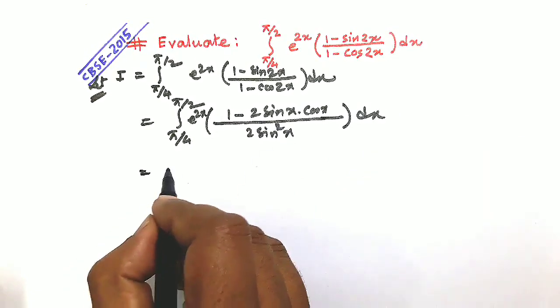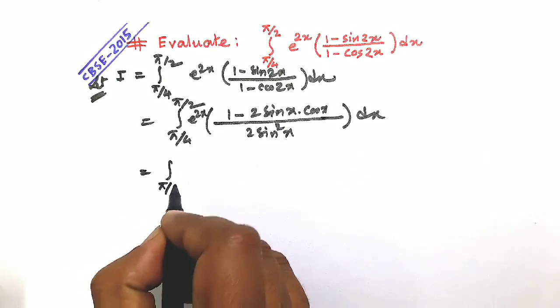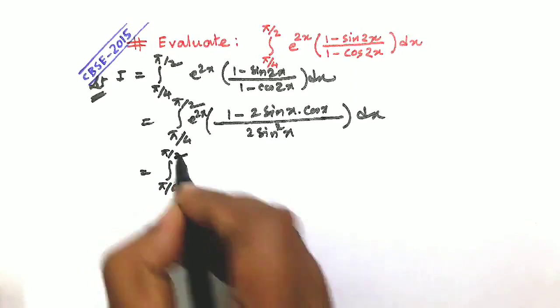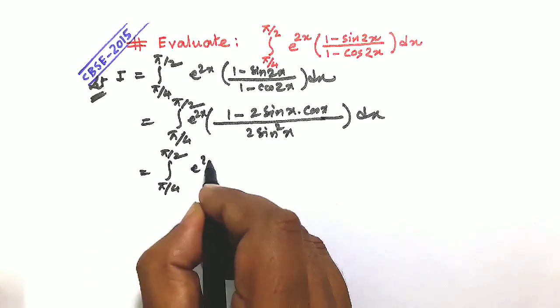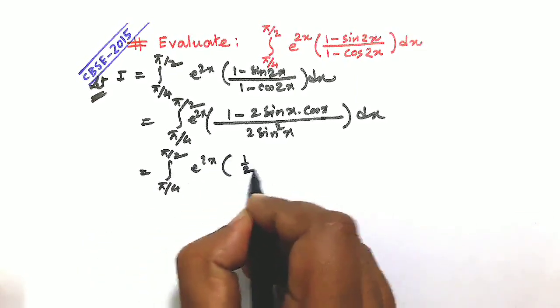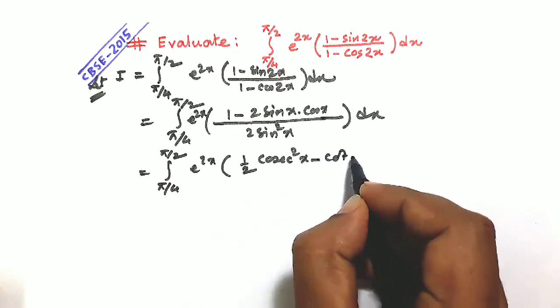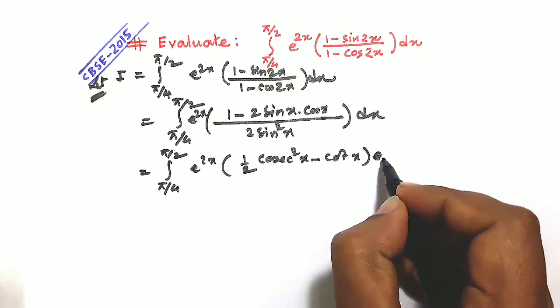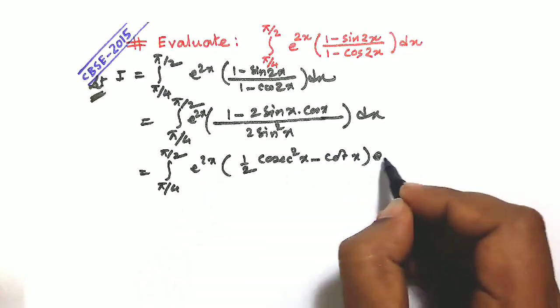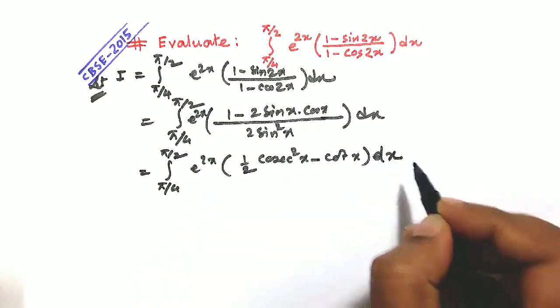So this is equal to integration pi upon 4 to pi upon 2 e to the power 2x into half cosec square x minus cot x, with e to the power 2x taken here, dx.